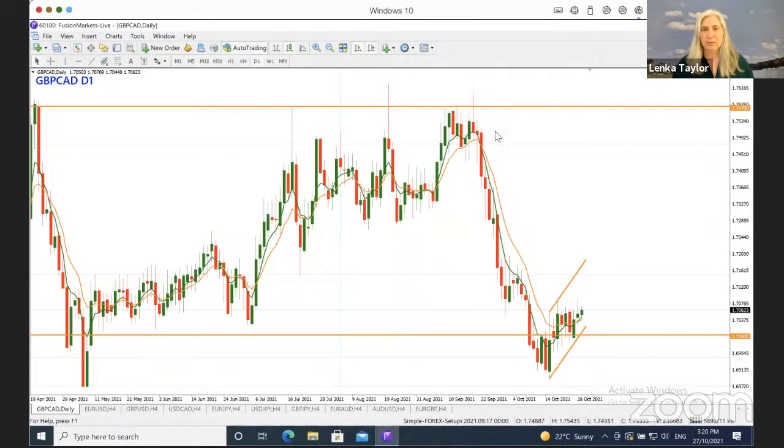For example, if I'm entering the trade on a 4-hourly time frame around this area, which is at the beginning of what I see as the new trend, then I would put more risk. If I'm taking that trade around here, I would put less. And if I'm taking that trade towards the bottom, then I would put even less risk.